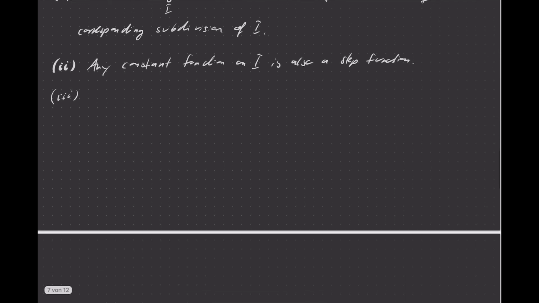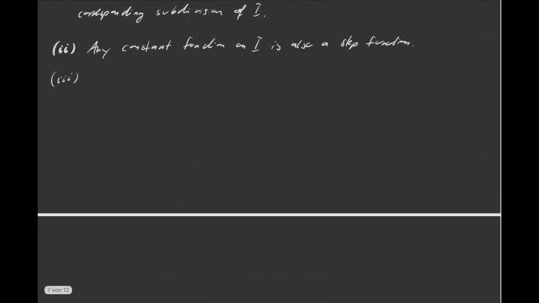Third point, that may be something more interesting now. If we have two step functions and consider a linear combination of those two, then we can integrate that linear combination because that is also going to be a step function.